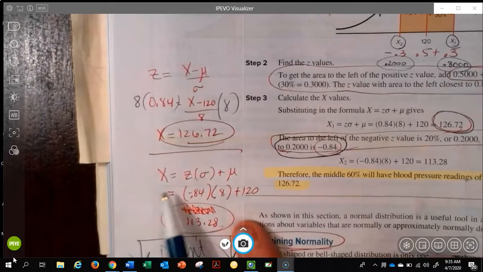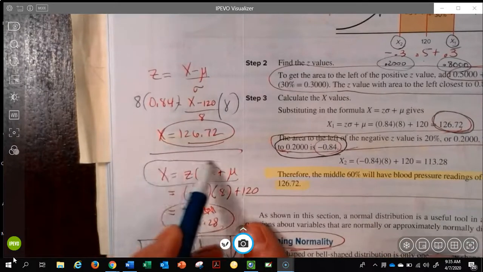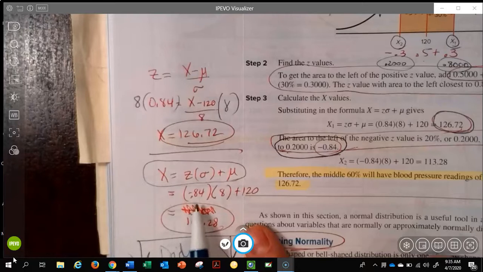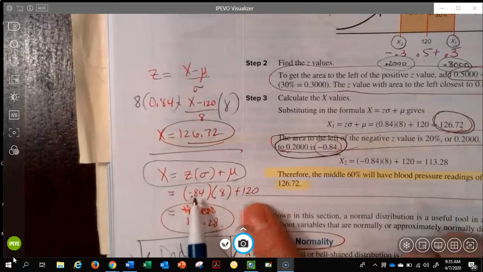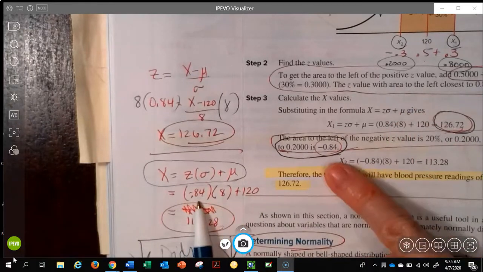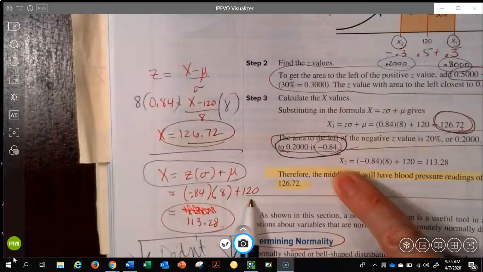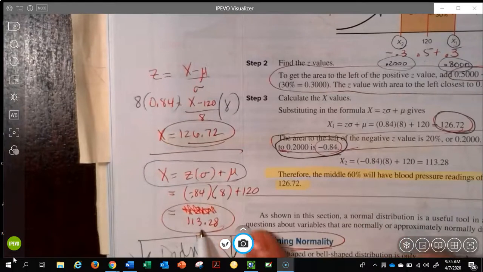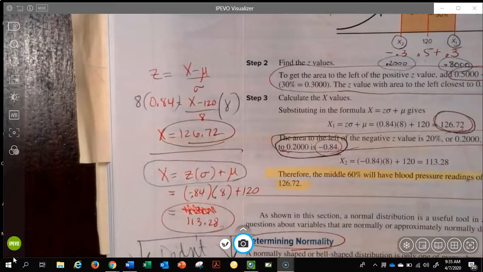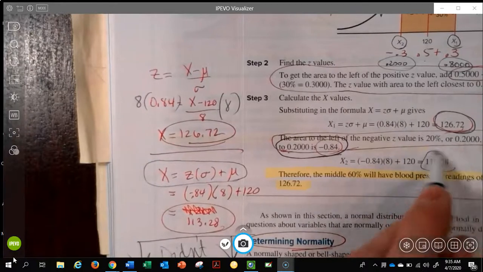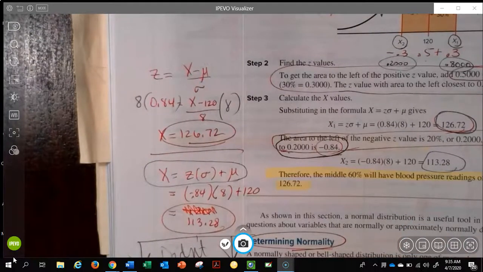If you prefer to use the formula they've given you, just a straight plug and a straight chug into the calculator. Here's my negative 0.84. Again, here's our same standard deviation plus our same mean. That calculation gets us 113, and it's on here somewhere. Here it is, 113 and 28 hundredths.